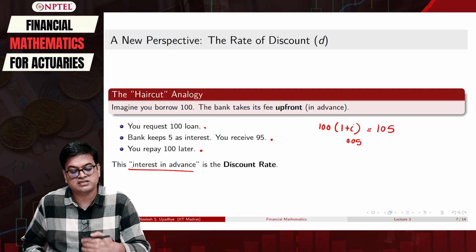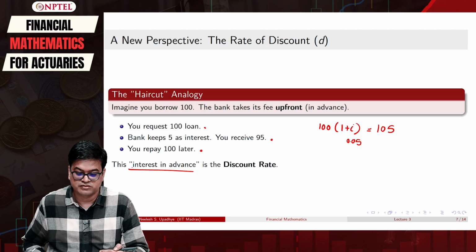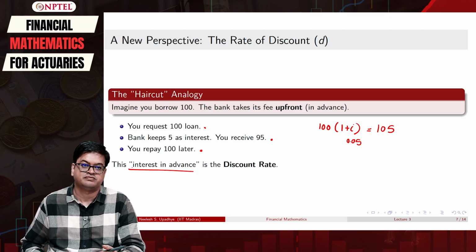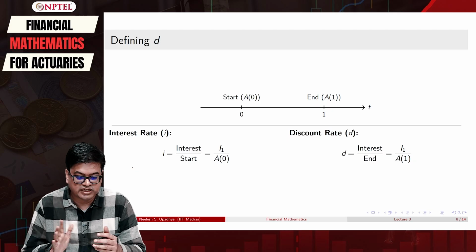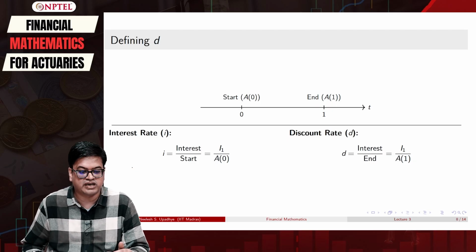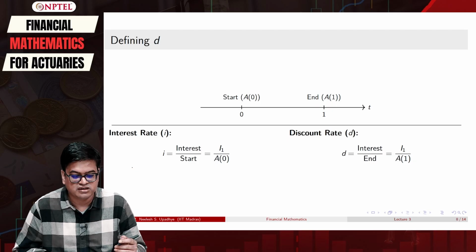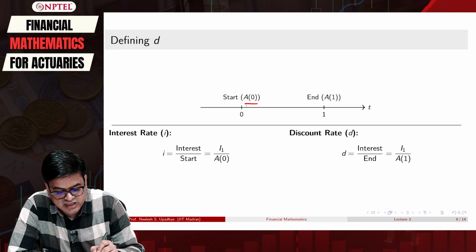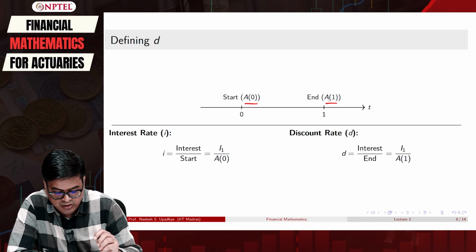The interest is taken upfront from you, and when you are investing, the interest is given at the end of the period. Okay, so this diagram will make the contrast clear. Here I am starting my investment, initial capital is A0, end capital is A1.